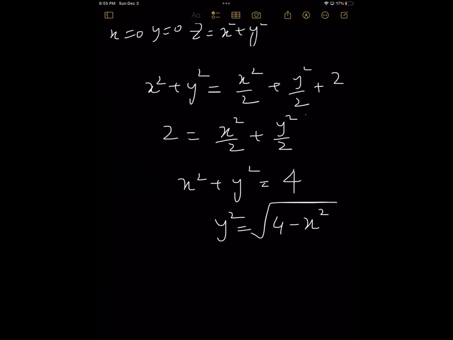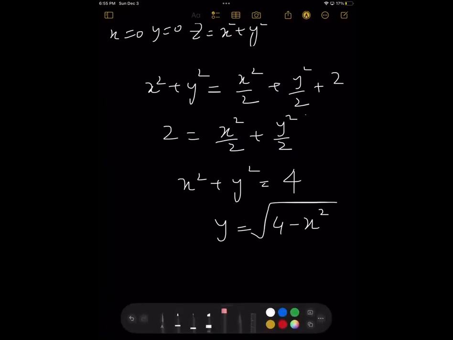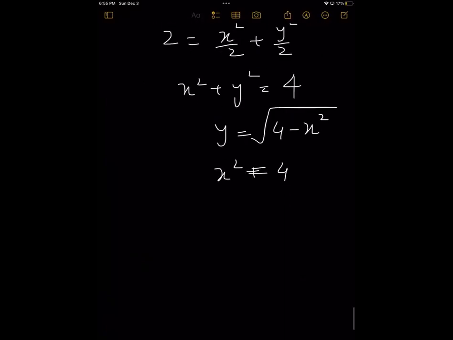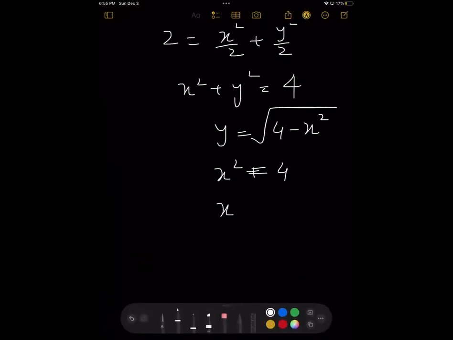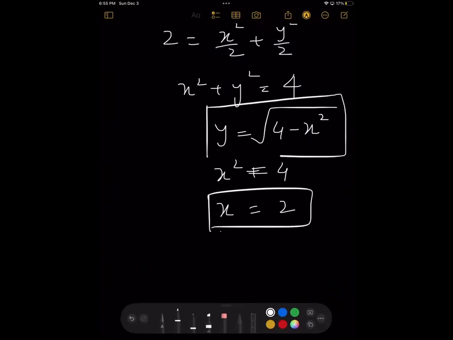So this is our y. Now if our y is also 0, it means x squared is equal to 4. X is independent of everyone, so x is equal to 2. So this is the maximum boundary of x and y.